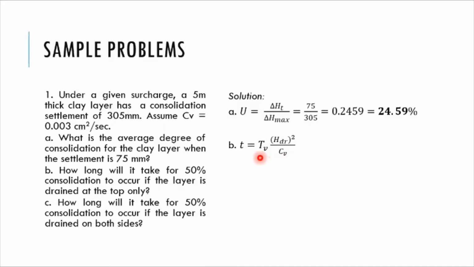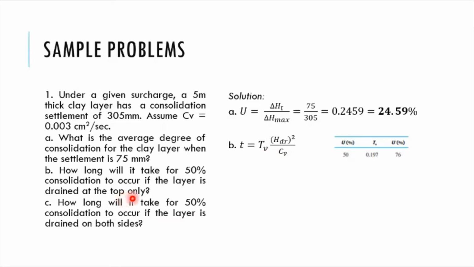How are we going to get Tv, the time factor? This is 50% consolidation. So from the table, the time factor at 50% consolidation is equal to 0.197.